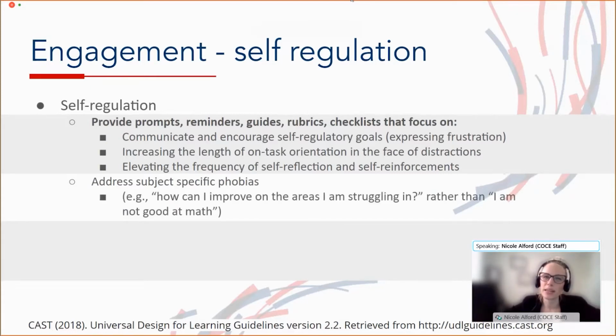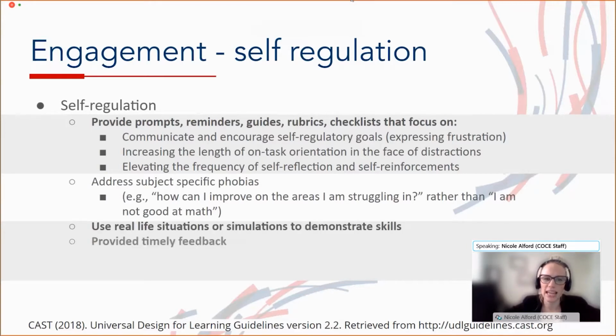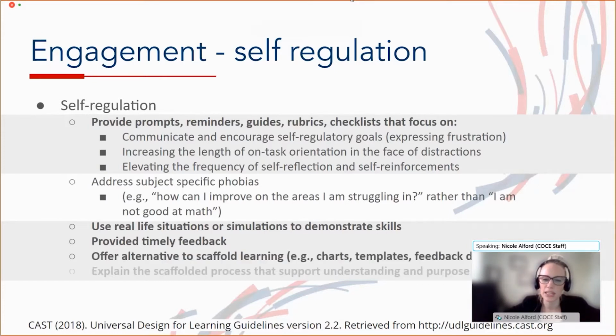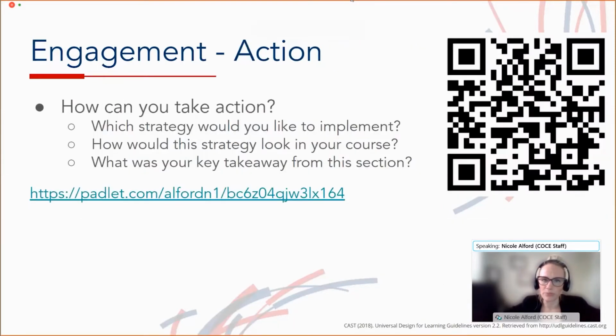It gives them the freedom and those self-regulatory behaviors to be able to do things at their own pace, understand what is expected of them, and what they need to do. You'll see, again, there are themes throughout these tips, and I will summarize them when we get to the end as well. But using those real-life simulations, the timely feedback, the scaffolding is all really important.